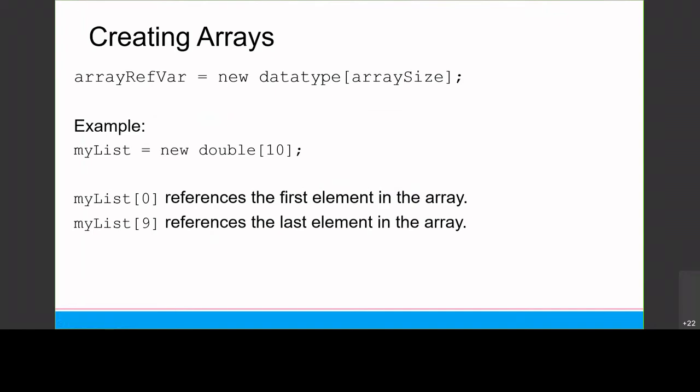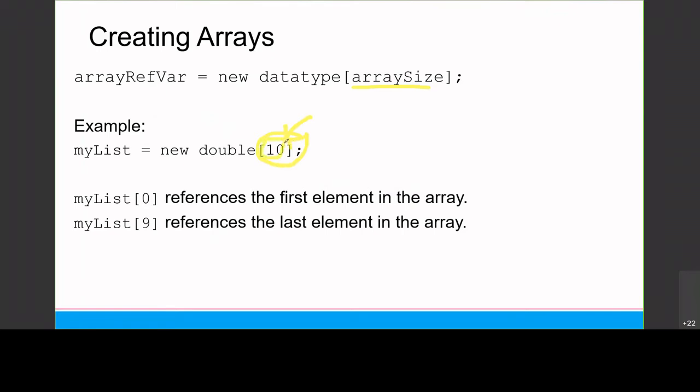So if we are having an array, we need to create the array and we need to define the size. Okay? We need to define the size. If we want to have 10 spaces or 10 size, you can define 10. This 10 can be replaced with any variable.